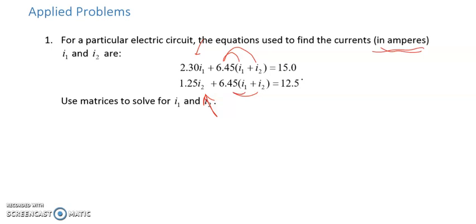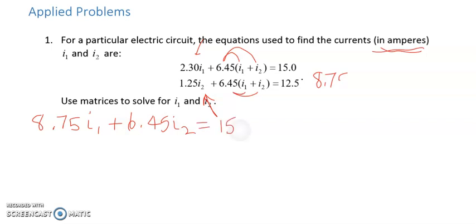If you do so, I'll just write down what the answer is rather than spend a lot of time showing the algebra. You're going to get 8.75 I1 plus 6.45 I2 equals 15.0.